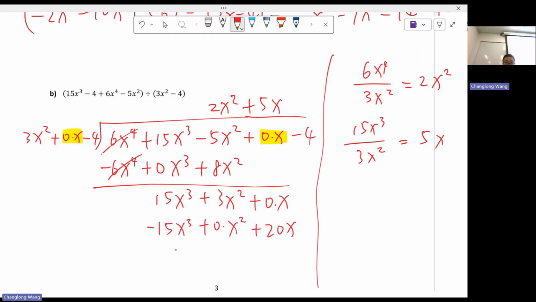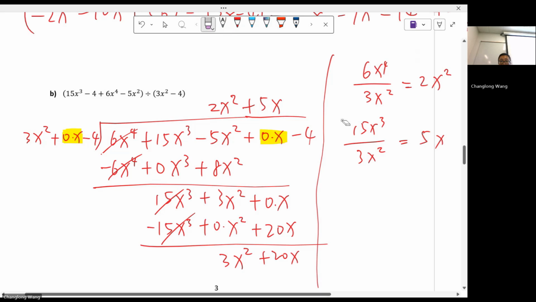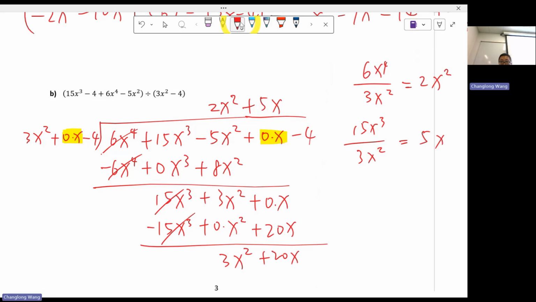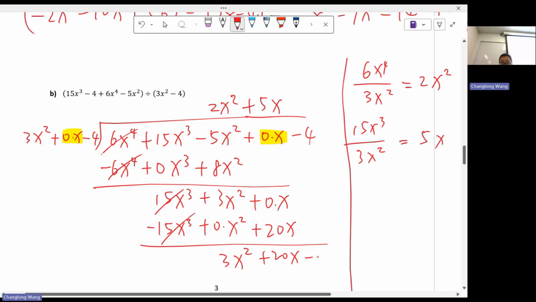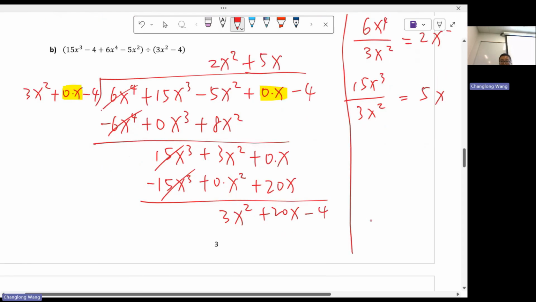Okay, x. Right, so go ahead and add up, right? You have 3x squared left over plus 20x. Oh, I should have a bit more space here. I just have one more term, negative 4. All right, so let's go ahead and take 3x squared over 3x squared.